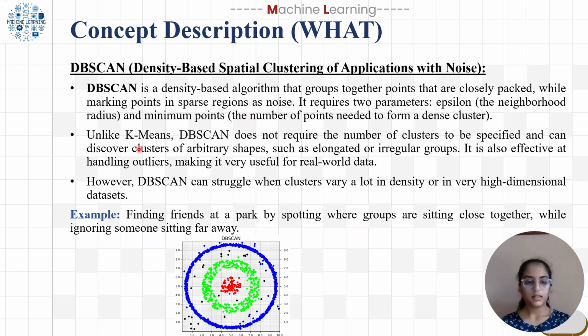After that, unlike k-means, DBSCAN does not require the number of clusters to be specified and can discover clusters of arbitrary shapes such as elongated or irregular shapes. It is also effective at handling outliers, making it very useful for real-world data.